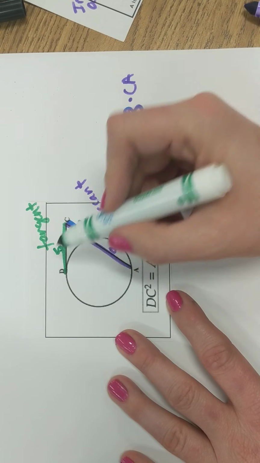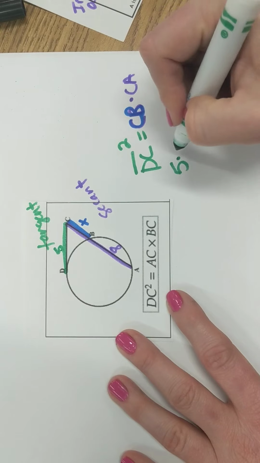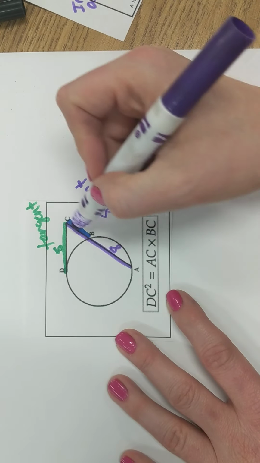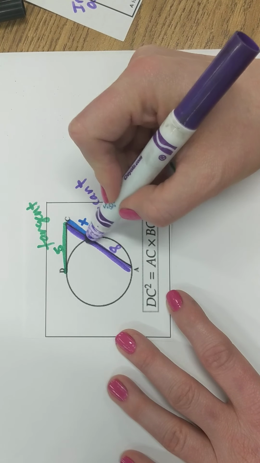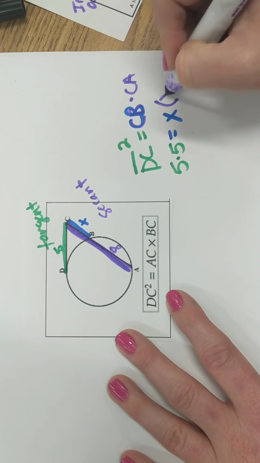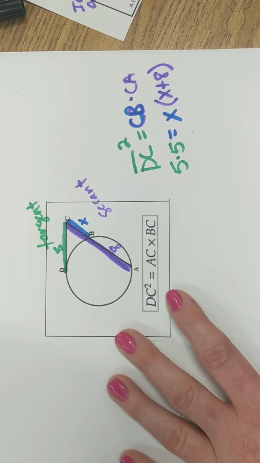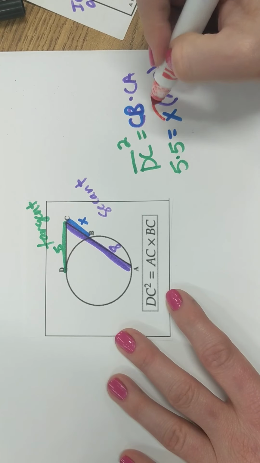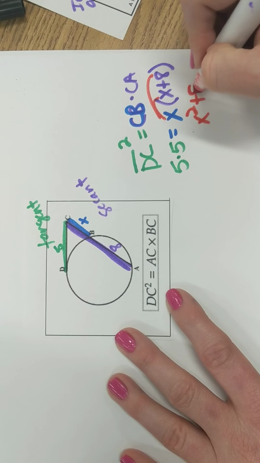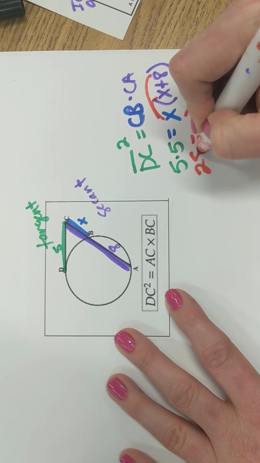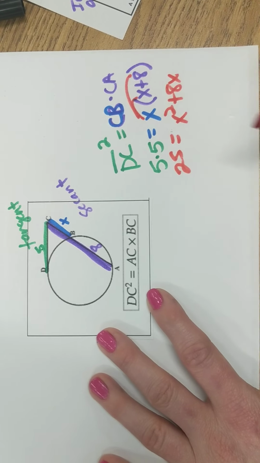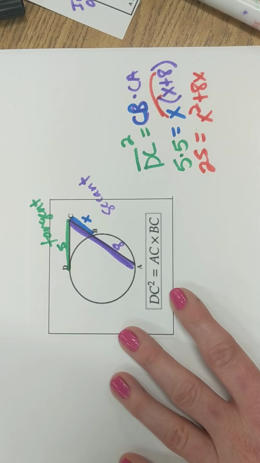So I know that 5 times itself equals X times the whole purple line, this whole secant, which would be X plus 8. So you'd have to distribute. This would be X squared plus 8X equals 25, and that's not going to work out to be something easy to solve, but that's how you would solve it.